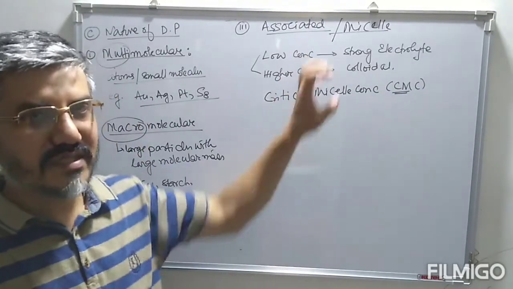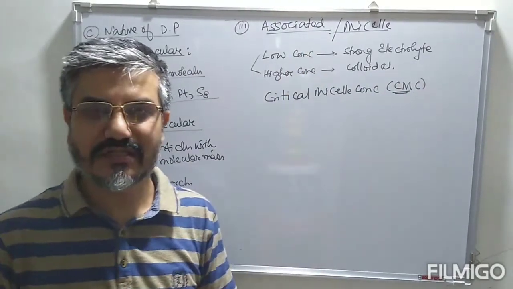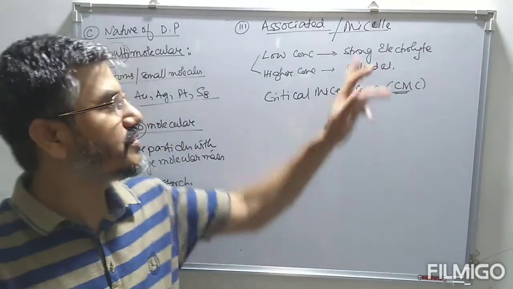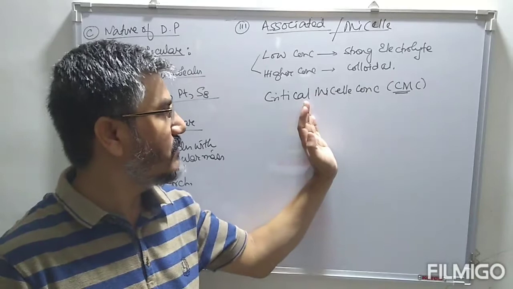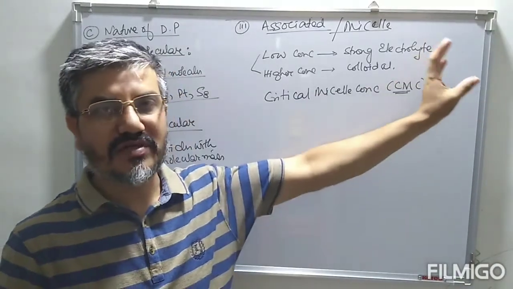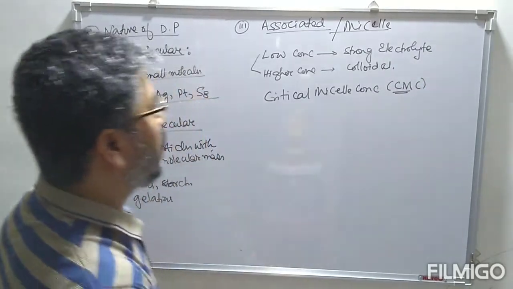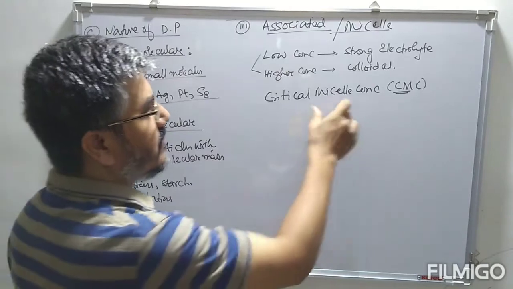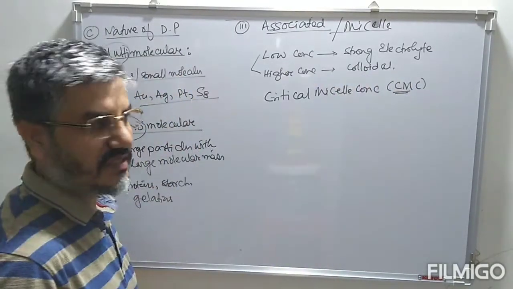So for this micelle formation, the minimum concentration required is CMC. If it is less than this CMC, no formation of micelle takes place, but only above this critical micelle concentration, formation of micelle takes place. So critical micelle concentration is the minimum concentration above which micelle formation takes place.